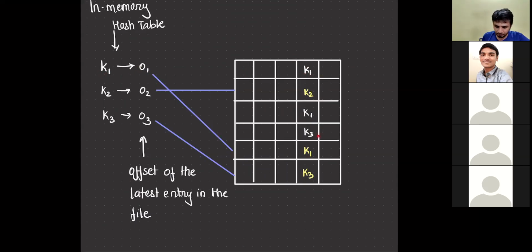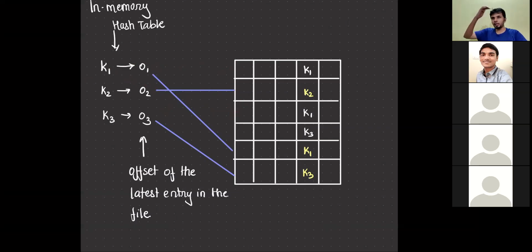So anytime the entry gets updated, you have just one in-memory hash table where all of your keys are stored, against which offsets are stored. Let's say I've written key K1 here. First, K1 would point to this location. Then I wrote K2, so K2 would point here. Then I wrote K1 again, so my K1, which was pointing to this location, would now point to this location.